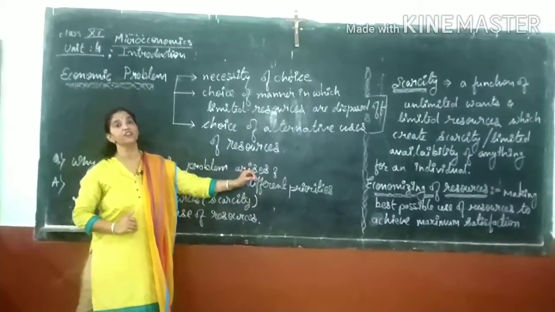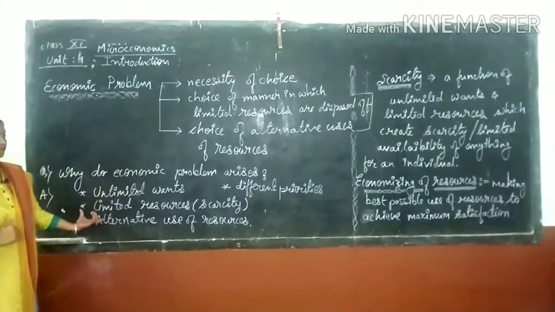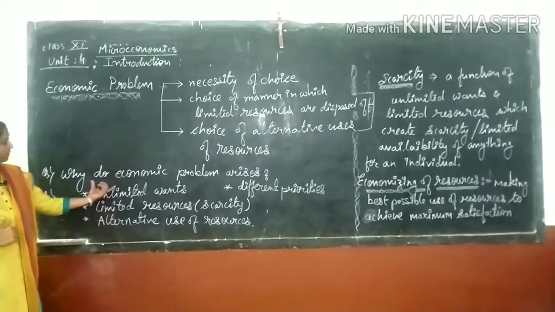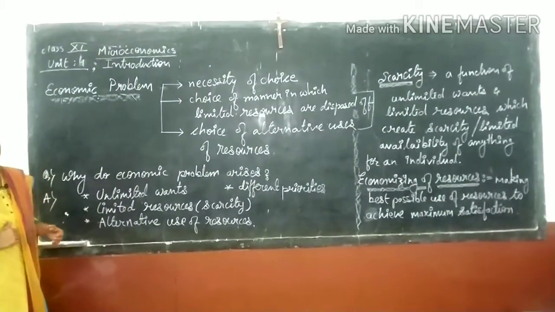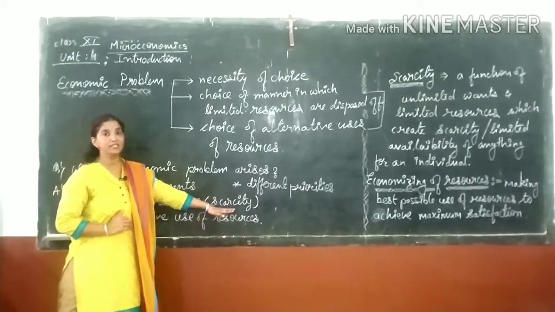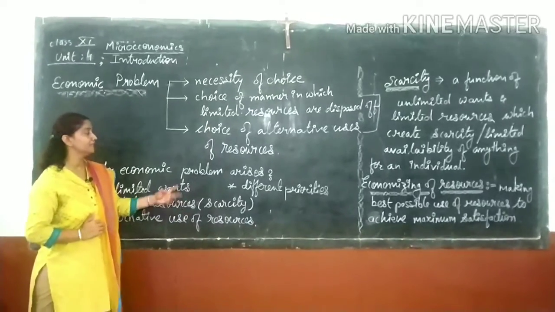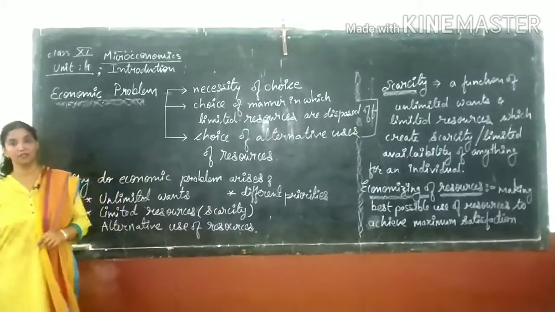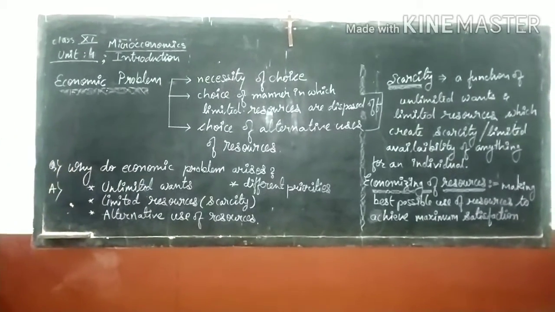Individuals have different priorities. So these things work together, and because of these economic problems arise. We can say that scarcity of resources and unlimited wants, these two things are the mothers of economic problems. On these things we can define the term economic problem.